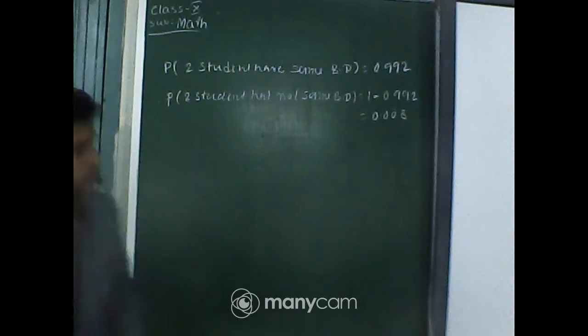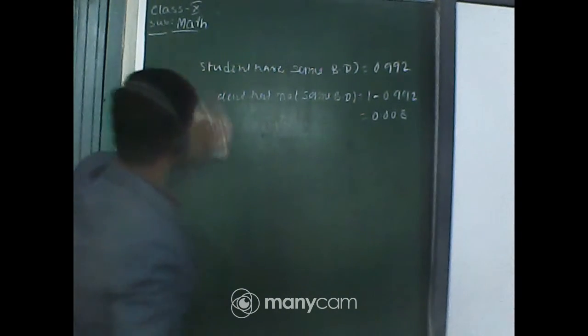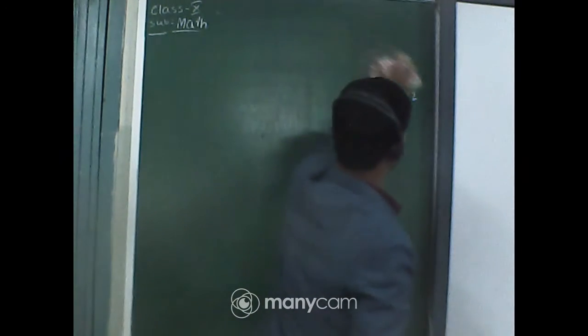Okay, now the next question is question number 8. A bag contains 3 red balls and 5 black balls. A ball is drawn at random from the bag. What is the probability that the ball drawn is red? And the second question is, it's not red.